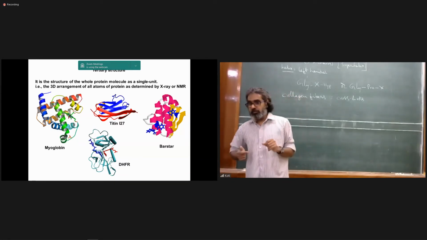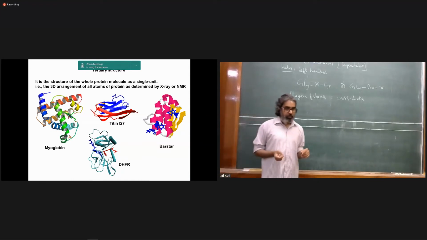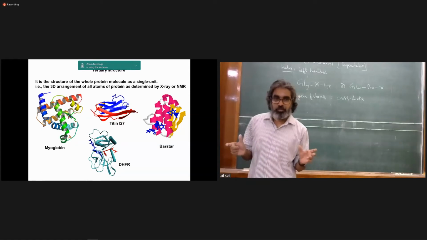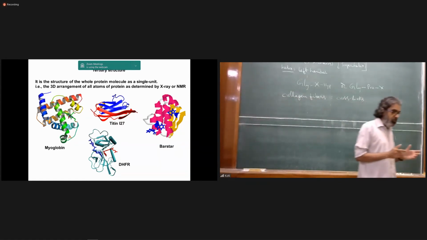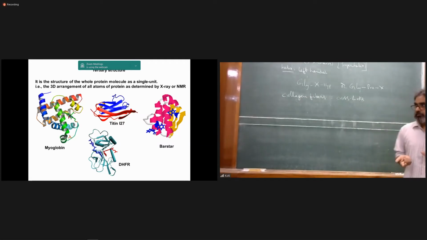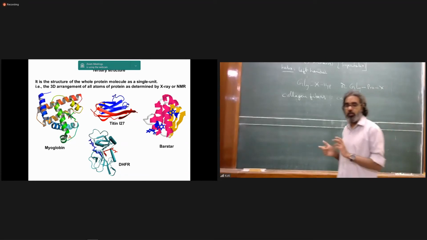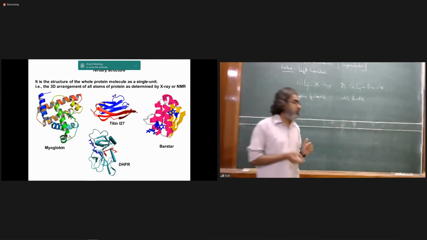And in proteins, many different types of secondary structural elements formed by different peptide segments can interact with each other to place themselves relative to each other in any given protein, which now gives rise to tertiary structure.